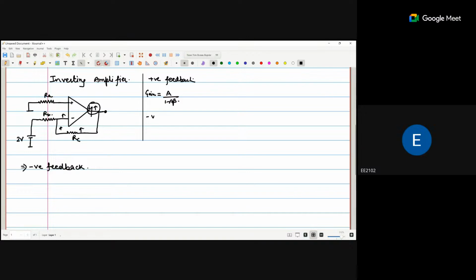And if we are using the negative feedback, gain is A upon 1 plus A beta. Now if I say that A beta is equal to 1, gain is basically the transfer function. We are not saying the gain, we are saying the transfer function, that is equal to V naught upon Vi.